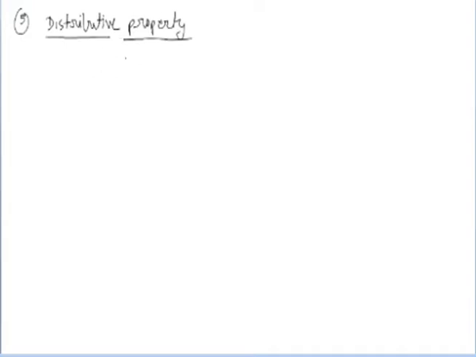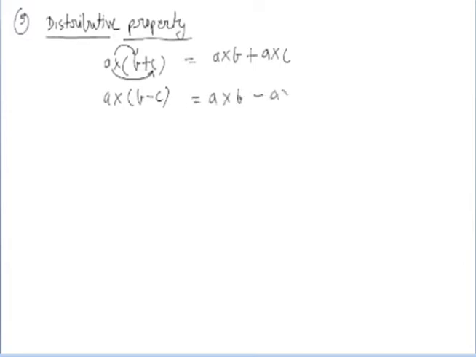So the distributive property, first, is over addition: A into B plus C, and then A into B minus C. In both these cases, A will distribute with B plus C, and here A will distribute with B minus C. So here we can write it like this: first A into B, then plus A into C. In the same way here, A into B minus A into C.